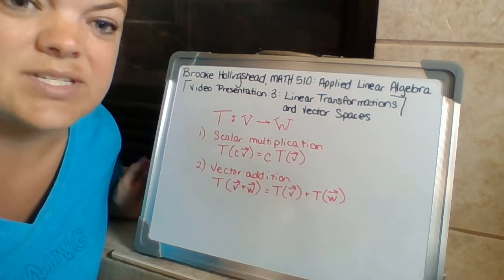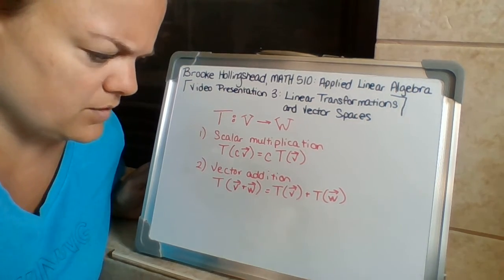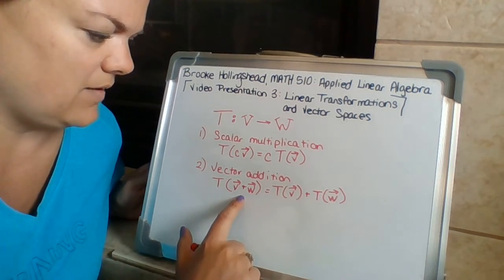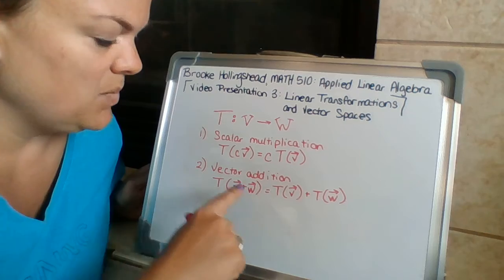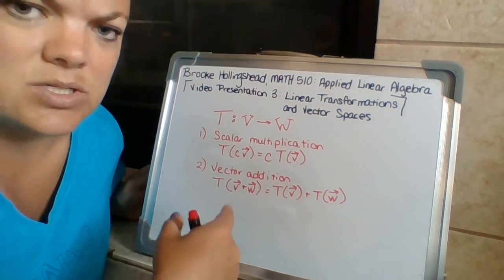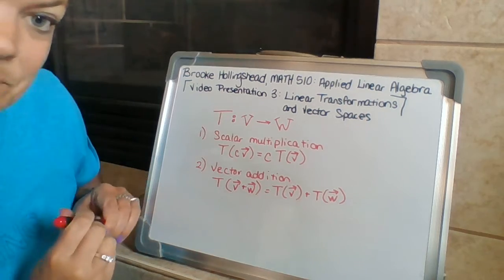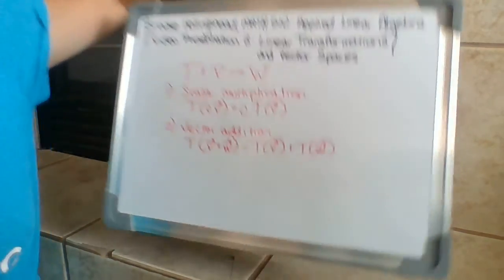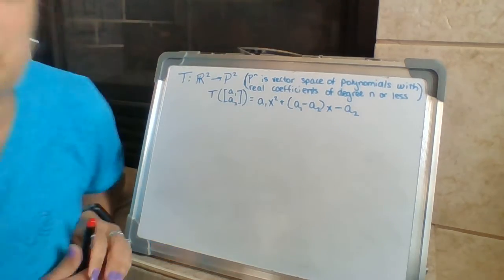Some videos and some authors say that we also need a third one, vector difference or subtraction, but as long as our addition holds, we can do the same thing for that one. So we'll do scalar multiplication and vector addition.